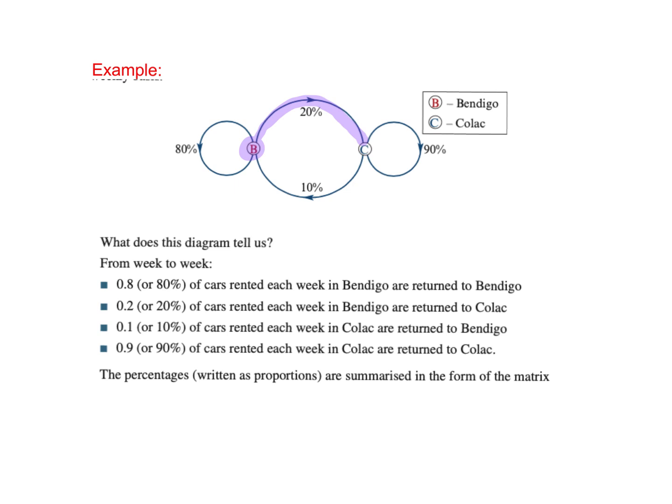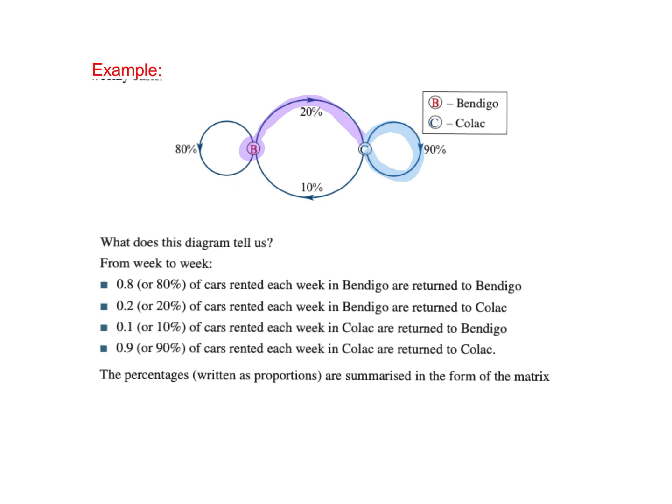If you rented it at Colac, there's a 90% chance that it'll go back to Colac. 90% of them go back to the same place. What about if you're at Bendigo? How many return to Bendigo? 80%.